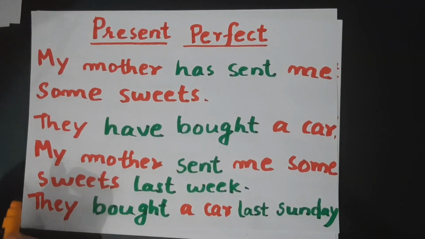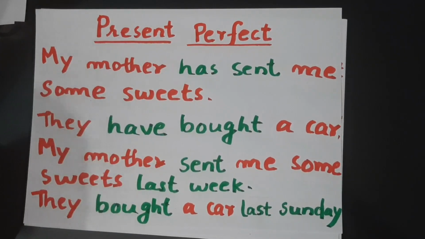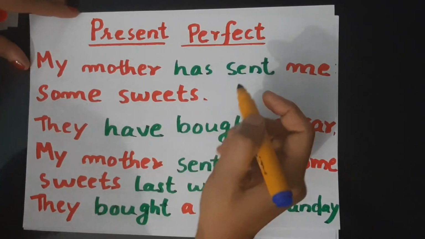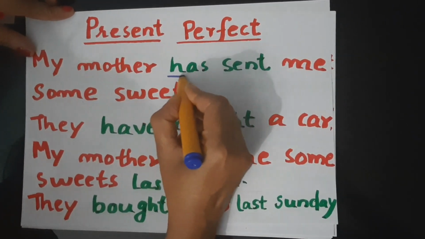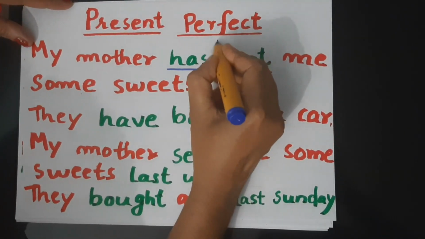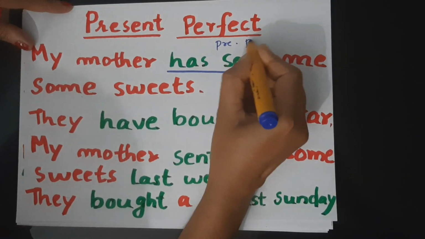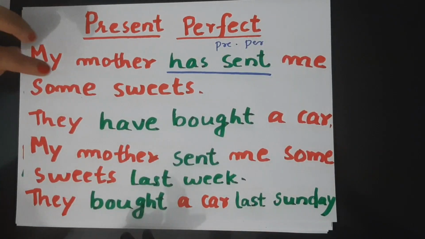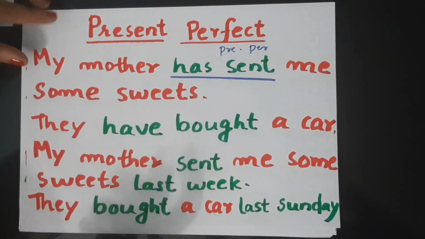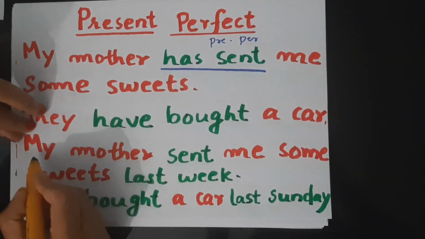Okay, my mother has sent me some sweets. My mother has sent me. Has sent means present perfect. Some sweets means recently. She has sent me some sweets. Okay, just consider this sentence.